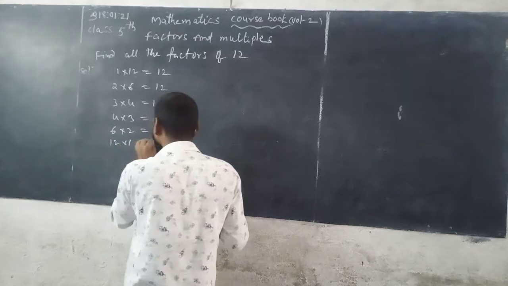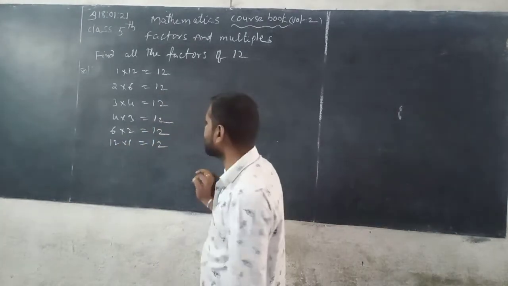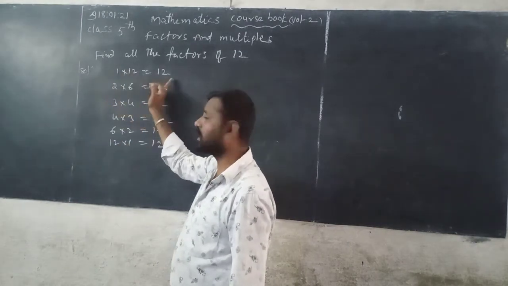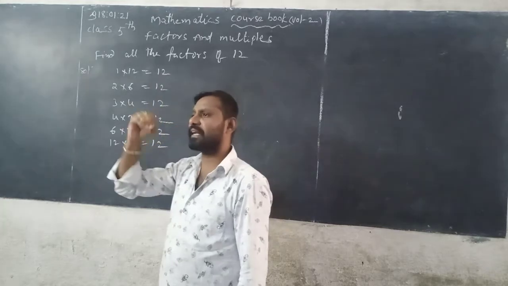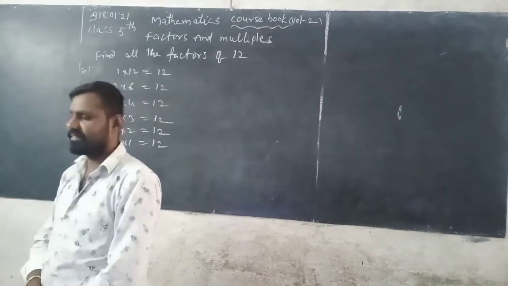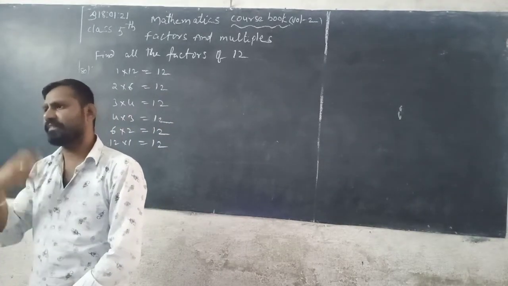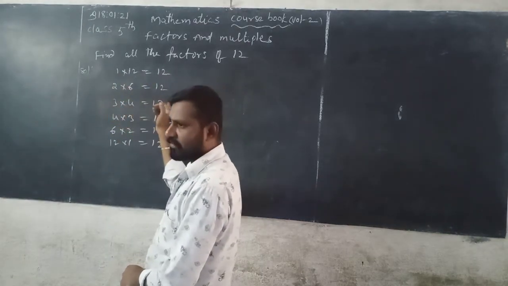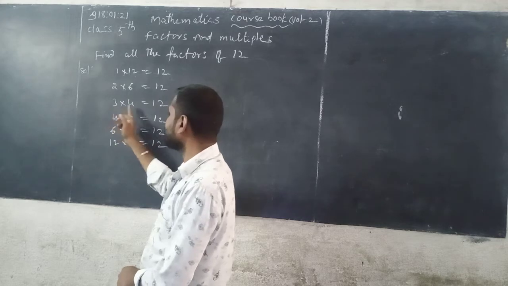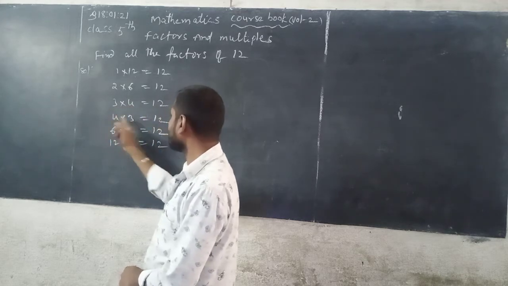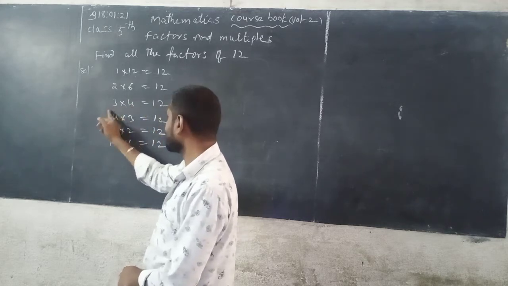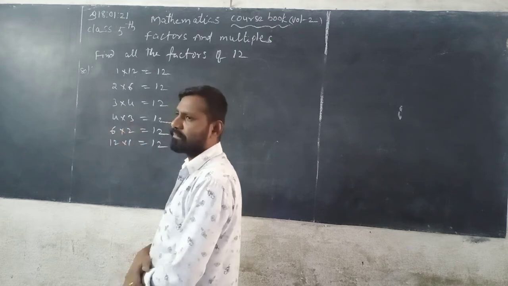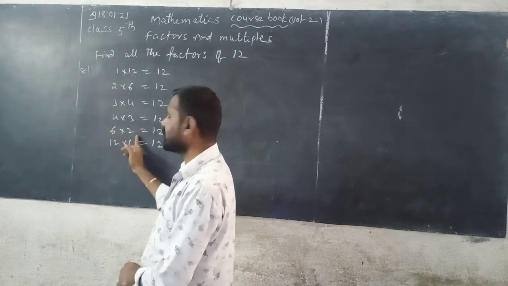Did you understand? See, once again observe. 1 12s are 12. 1 is a common factor of every number. 2 6s are 12, 2 table. 3 table, 3 4s are 12. 4 table, 4 3s are 12. Reverse. Next, 5 not possible. 6 2s are 12.